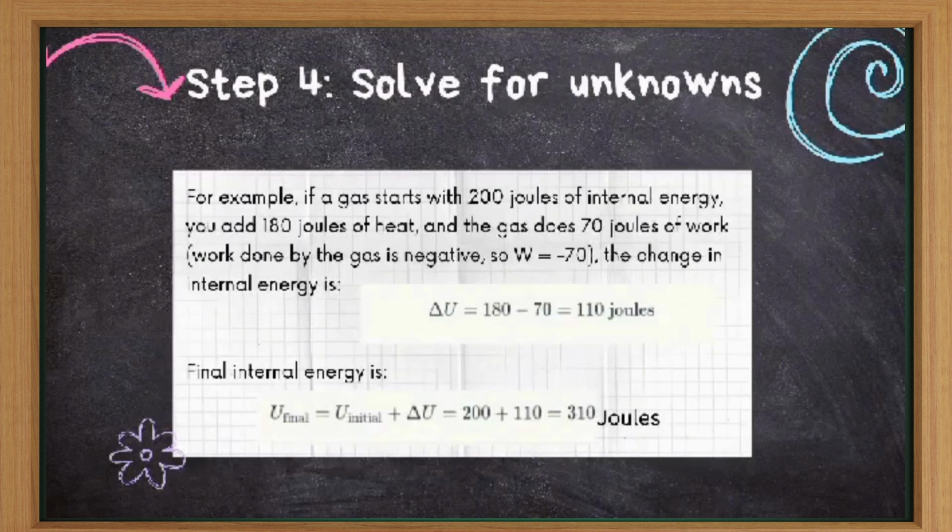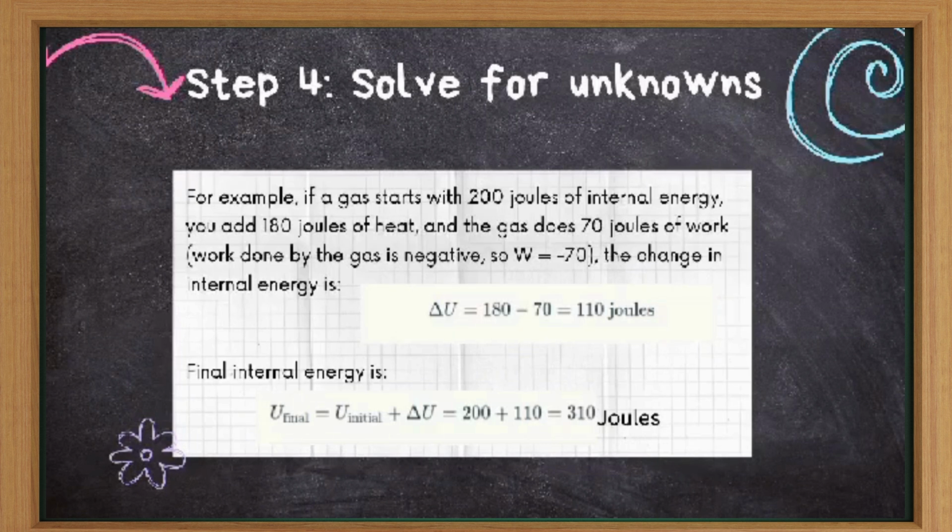Step 4. Solve for unknowns. Sometimes, you may need to find heat added, work done, or final internal energy using the formula. For example, a gas starts with 200 joules of internal energy, you add 180 joules of heat, and the gas does 70 joules of work.